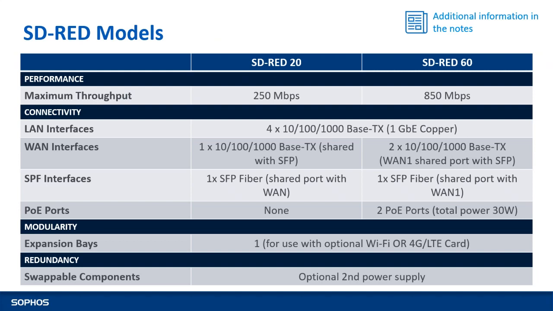Thus, the RED 20 is designed for small sites with a maximum throughput of up to 20 to 50 Mbps, while the RED 60 is ideal for larger sites and reaches a throughput of up to 80 to 50 Mbps.